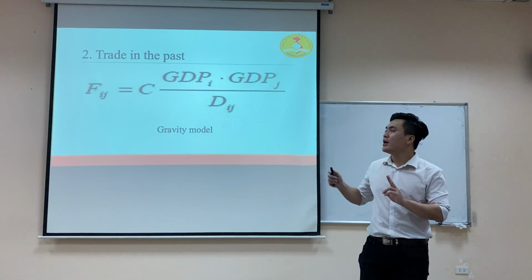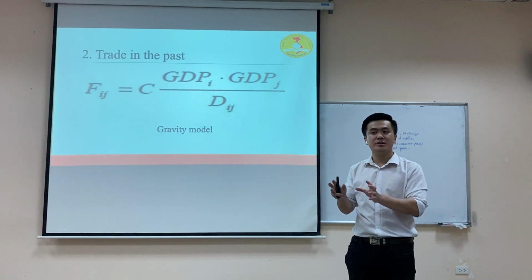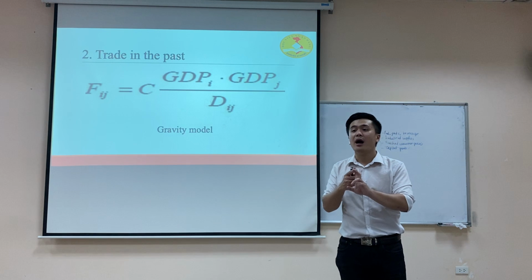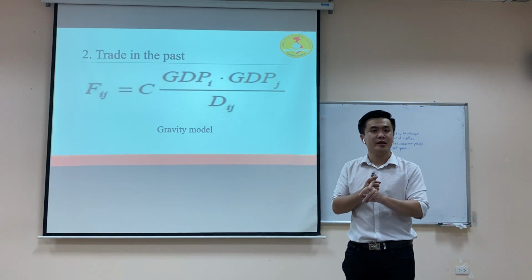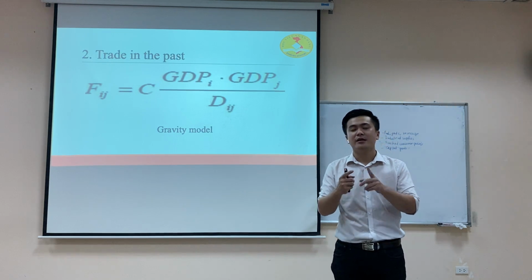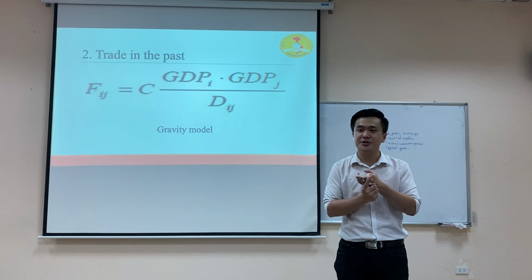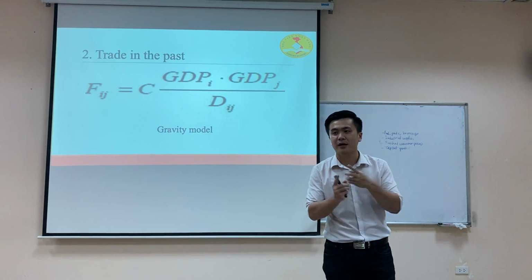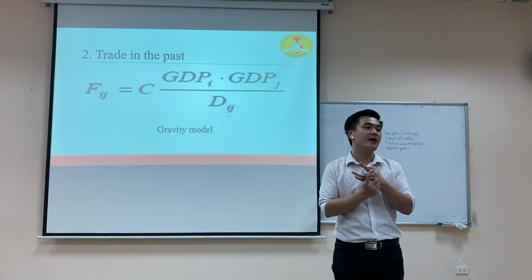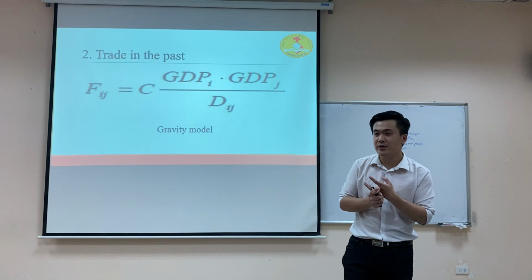So if you have a high GDP and you are close to each other, you tend to have high trading volume. So in the past, we had the European continent, right? It's because they had a high GDP and they stood close together. And we have the American states, right? United States.